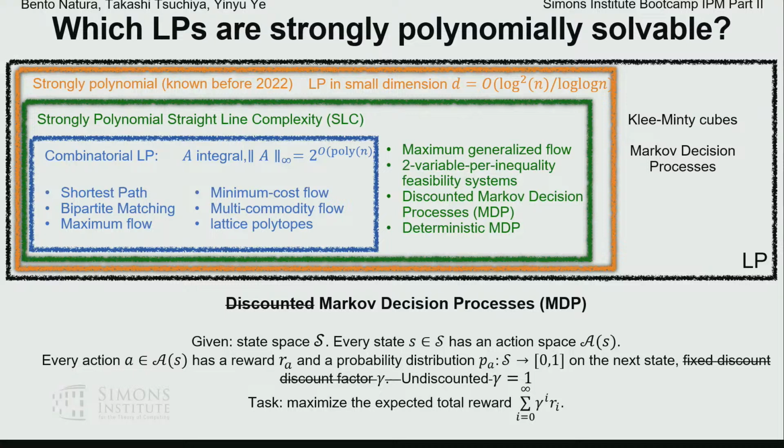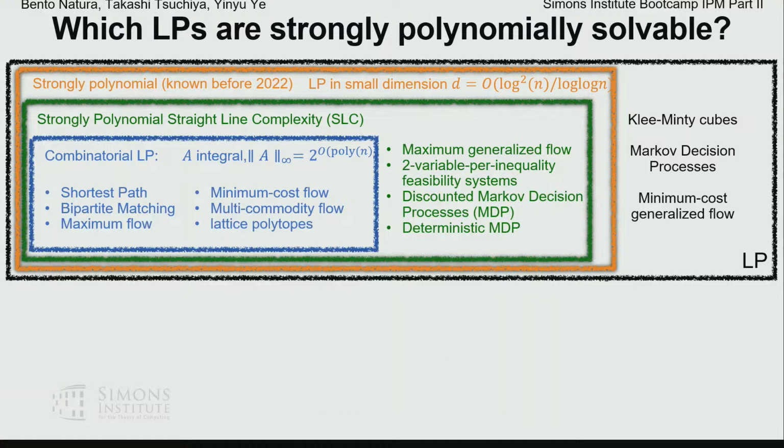Deterministic can do it, but in general, we still don't know how to do it. I think that's most of what I want to convey to this audience, also called mean cost generalized flow or something. Mean cost flow is good, and generalized flow is good. Anyway, LP remains an open research field.